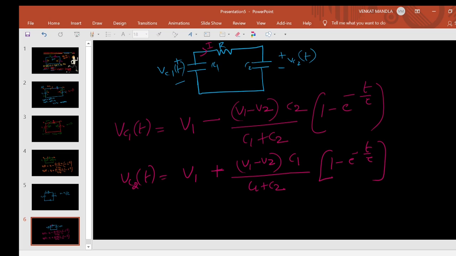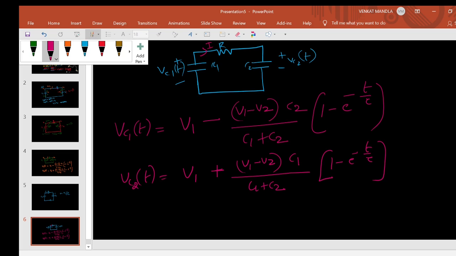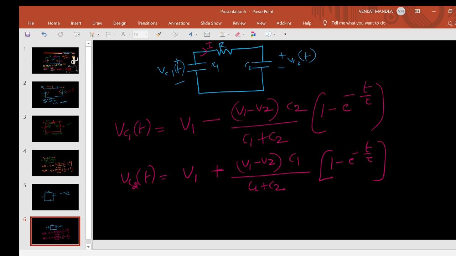Okay, and we need to calculate steady state values. So if you want to calculate steady state values, put t equal to infinity here. So Vc1 of infinity, put infinity, you will get 0. So V1 minus V2 into C2 by C1 plus C2.